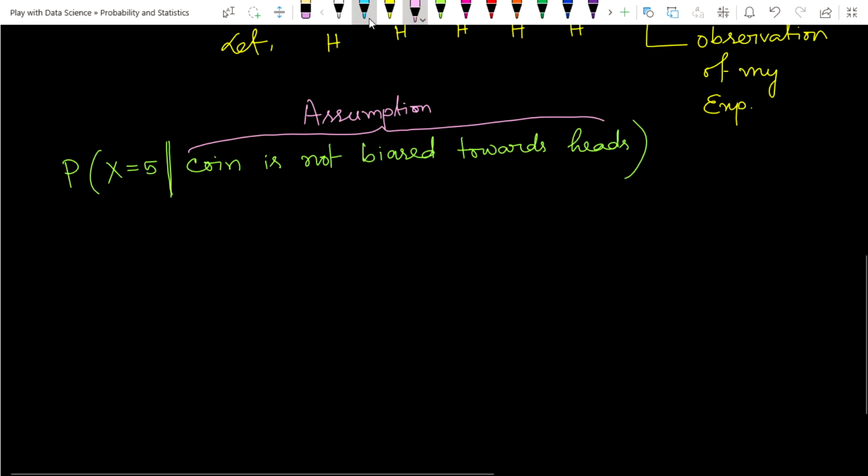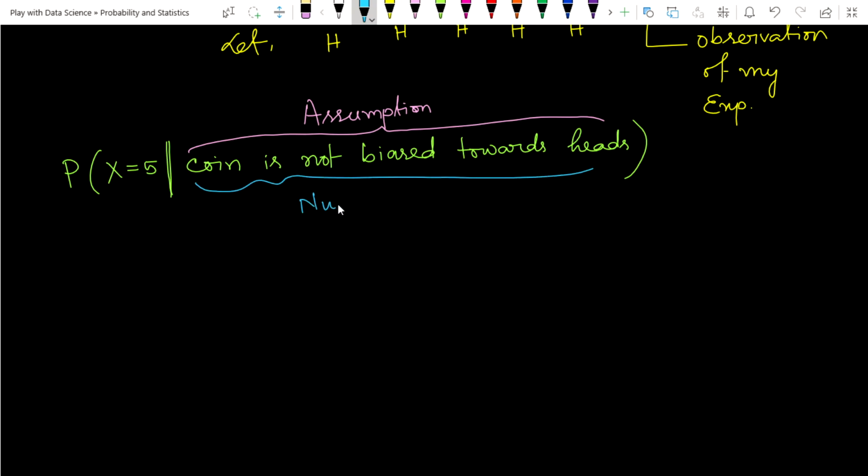So this is called the null hypothesis, which we have already seen in the previous lecture. This H0 is called the null hypothesis.